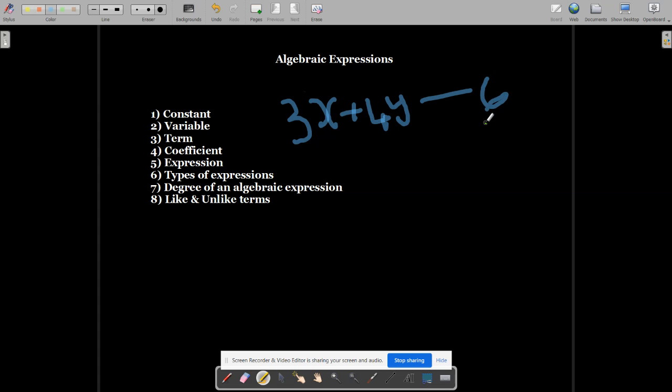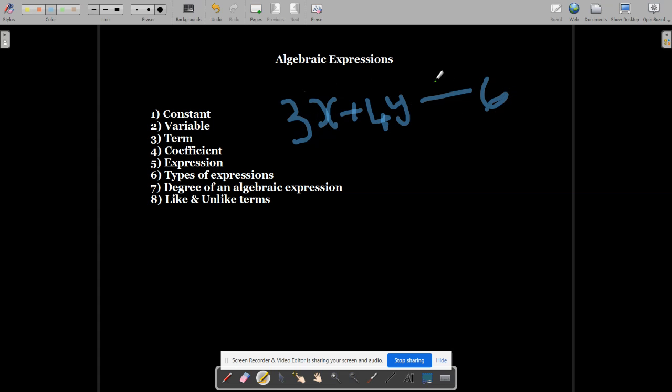Here 3x is a term, 4y is a term and 6 is also a term, and I am combining all these with plus and minus. Such a combination of terms using basic operations is called an expression.